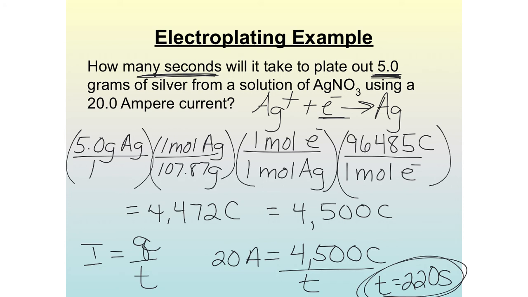Again, our big things are just knowing some of your basics about redox and electrochemistry, then figuring out the voltage using the standard reduction potentials, the relationship between the voltage and delta G, and then also that you can use that to find K, the equilibrium constant, and then doing these electroplating or electrolytic examples, which is really just stoichiometry with that added step in there.